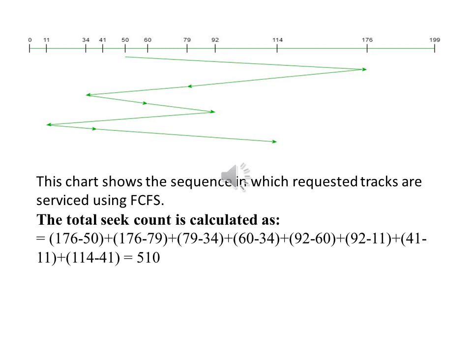Again, in this way we can calculate, and the complete displacement movement will be 510. So this is the complete explanation of first come first serve, the simplest algorithm of disk scheduling, and next we will learn the shortest seek time first.